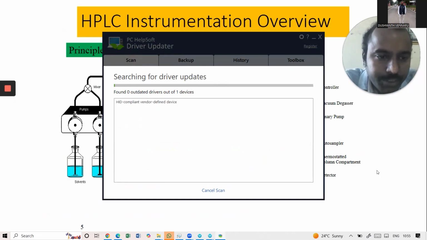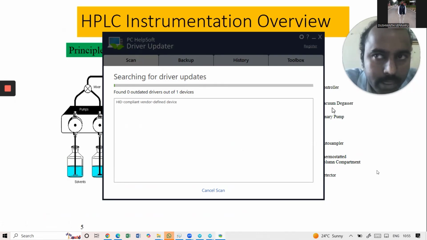Now what we have is the vacuum degasser. This is the most important in the HPLC system. Before you use any mobile phase, it should be filtered either by 0.45 micron filters or 0.22 micron filters. After filtering, you should follow vacuum degassing or a simple sonication method.